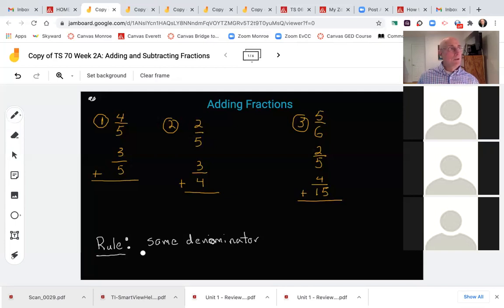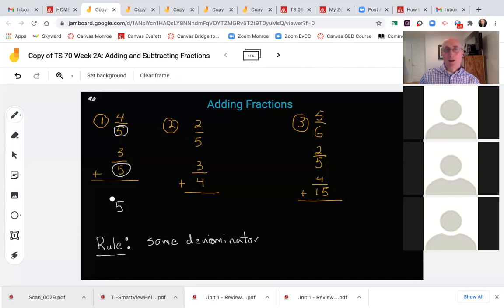Now, let's just jump in and look at an example here. I've got 4/5 plus 3/5, okay? In this case, I have the same denominator. I've got a 5 and a 5, okay? So I'm ready to add as soon as I have the same denominator.